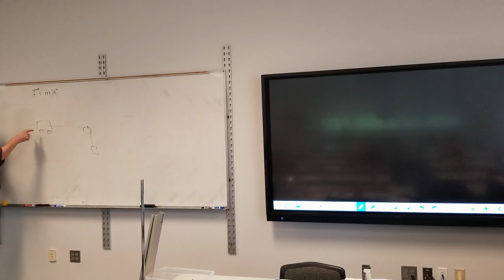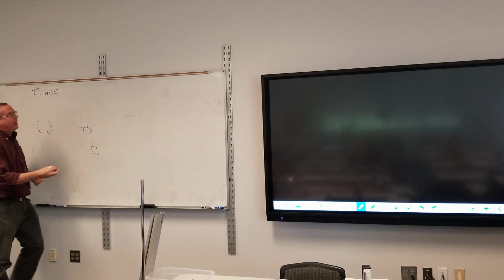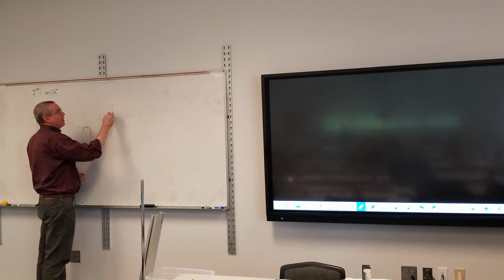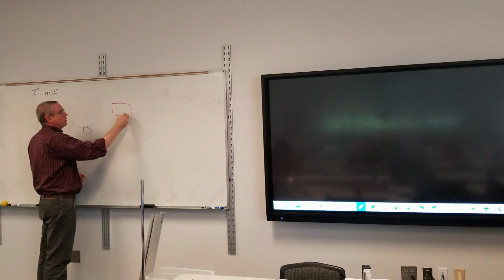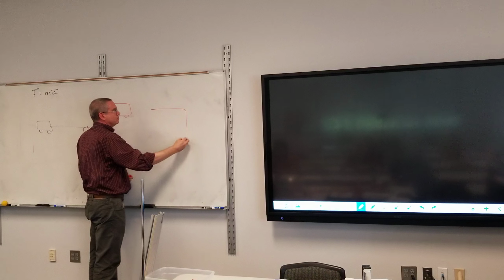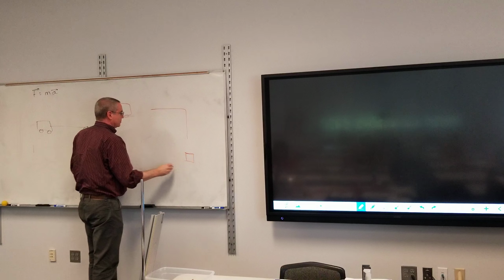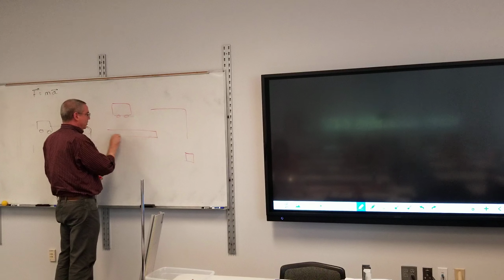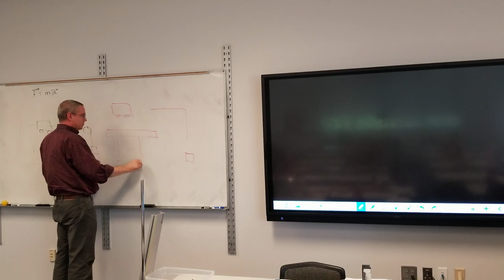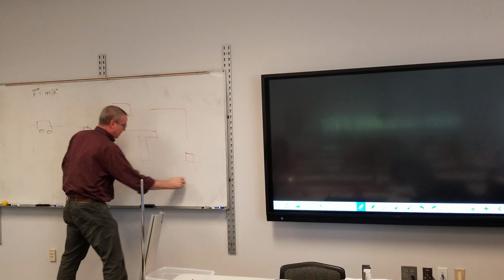If we looked at the forces acting on that cart, actually let's do the full force diagram, because we can. So we've got a cart, string, and ground.